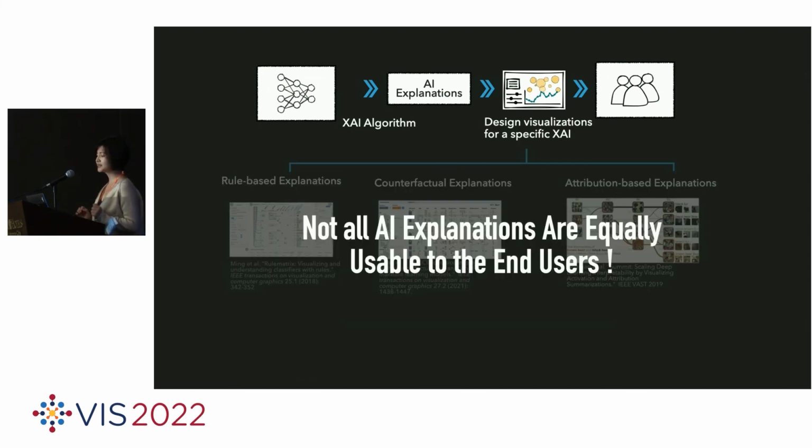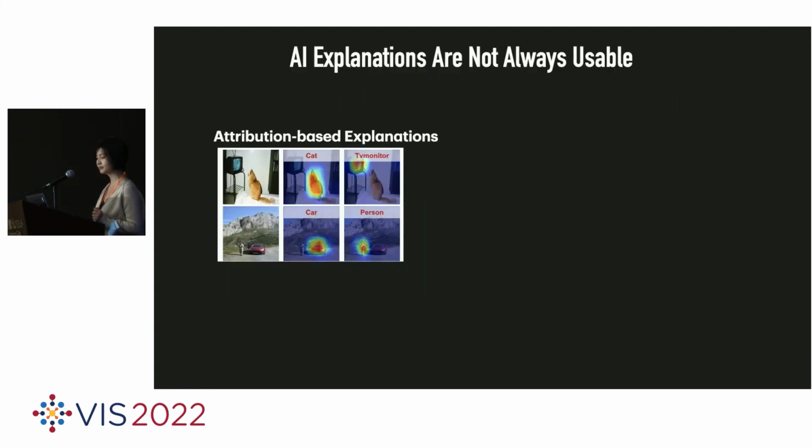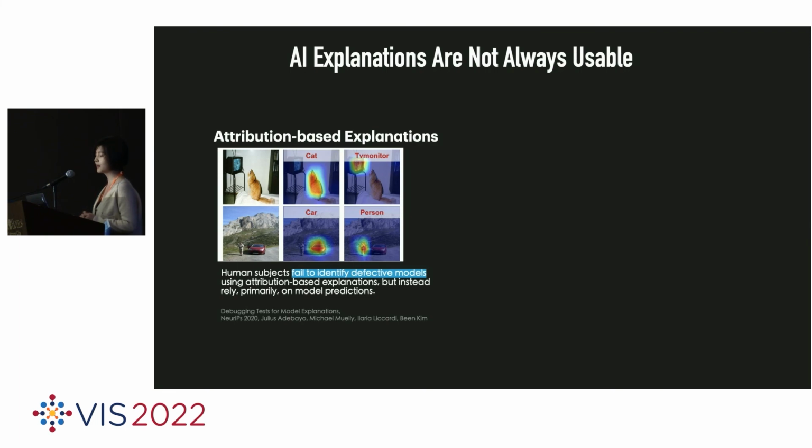But when we design visualization tools for end users to solve domain problems, it's very important to note that not all AI explanations are equally usable. Here are some examples. Attribution-based explanations explain a prediction by highlighting the most related regions in the input. However, studies showed that this widely used explanation technique cannot help users identify defective models.